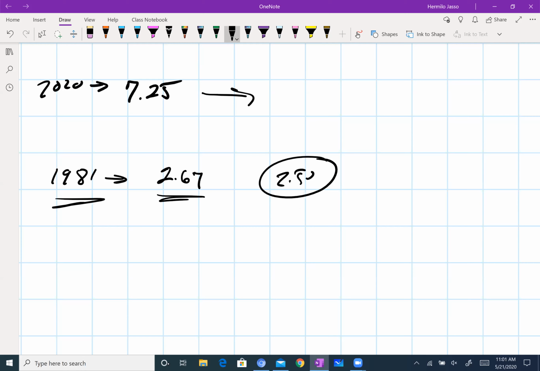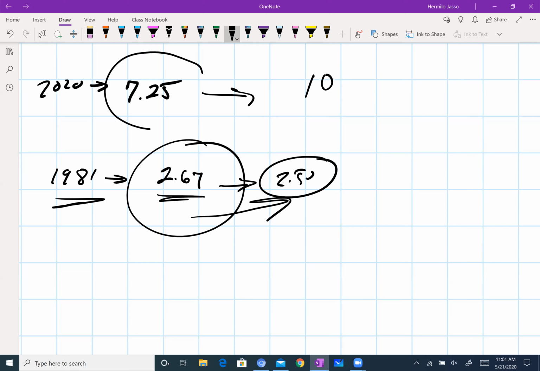So I was able to watch a movie for about $2.50, 1 hour of work. Today it's about $10. So as you can see, the money that I was making in 1981 allowed me to buy more than the money you make allows you to buy today.